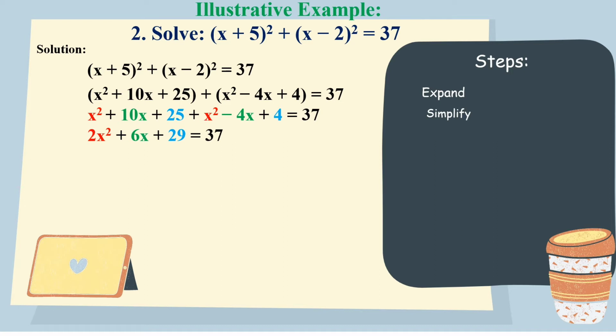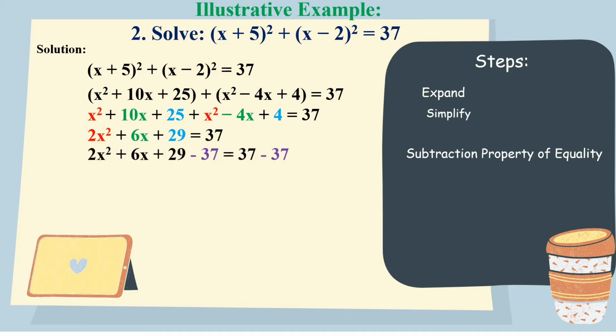We need to move 37 to the left side of the equation, so we will subtract 37 on both sides, and we now have 2x squared plus 6x plus 29 minus 37 is equal to 37 minus 37. We now have 2x squared plus 6x minus 8.